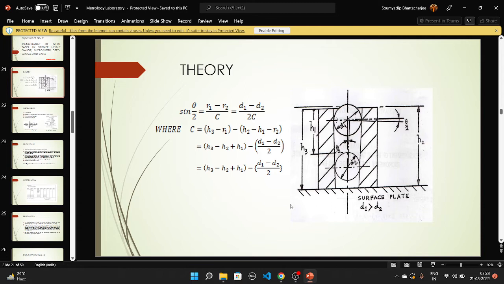Another line is just on the right hand side, and that line is perpendicular. Not to the plane of the screen. Another line has gone from the center of the upper ball to the point where it is touching the surface of the job.